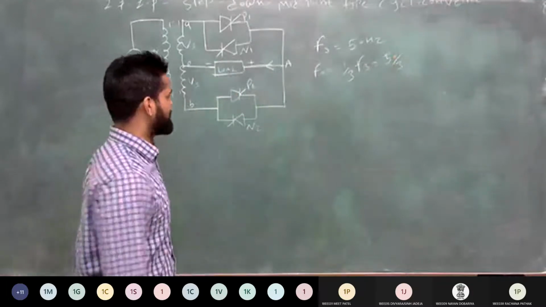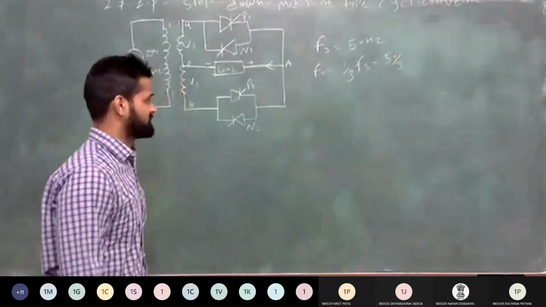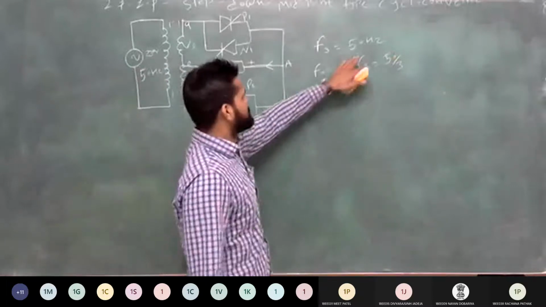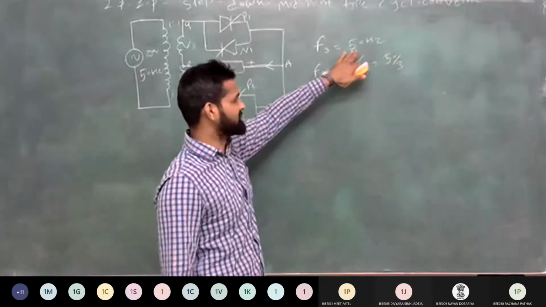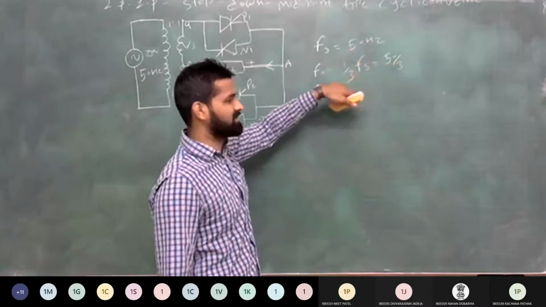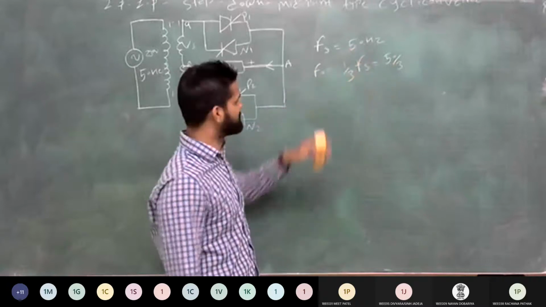How do we get this using the midpoint configuration? It means that for 3 cycles of supply frequency, I get only 1 cycle at the output side.